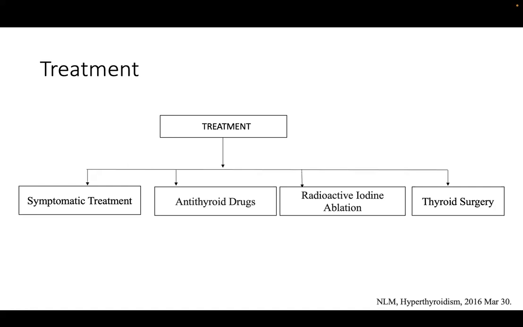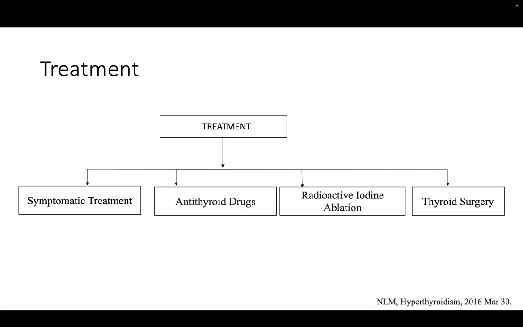But if you give radioiodine, you will have to give lifelong supplementation of thyroxine. So even from that point of view, surgery is a better option for toxic multinodular goiter or toxic adenoma. Generally, even in toxic multinodular goiter, there will be one predominant nodule and the others will be at best bland nodules.